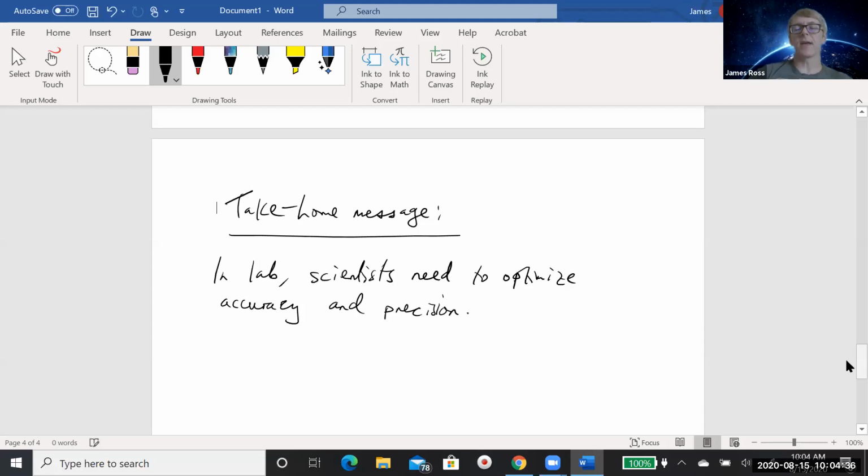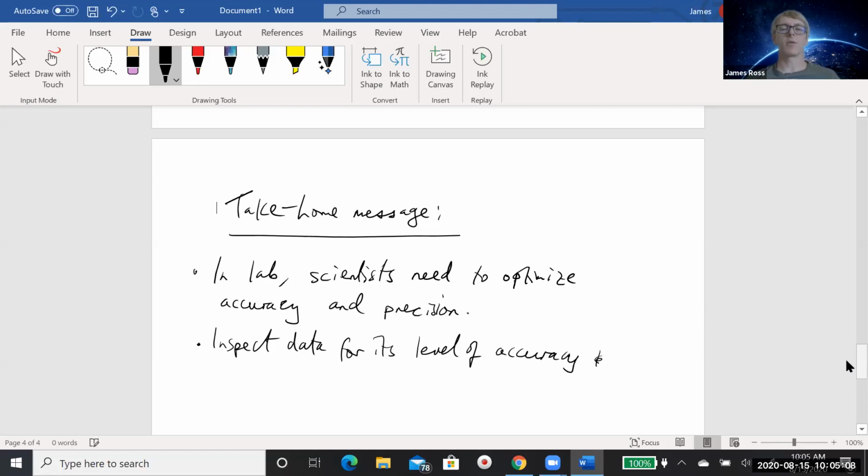I'll keep it vague like that. So not only the accuracy and precision of data, but also the accuracy and precision of one's ability to acquire the data. So we want to inspect data for its level of accuracy and precision.